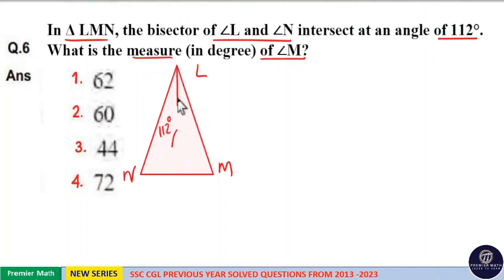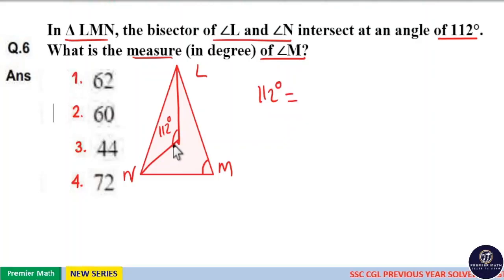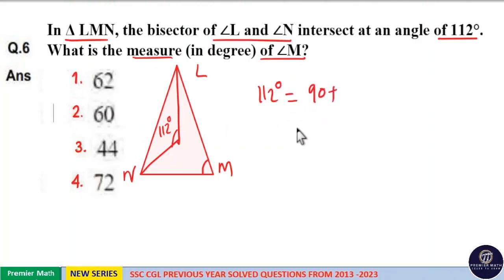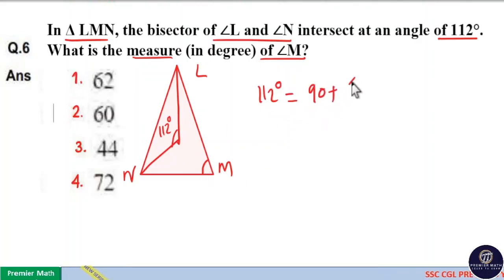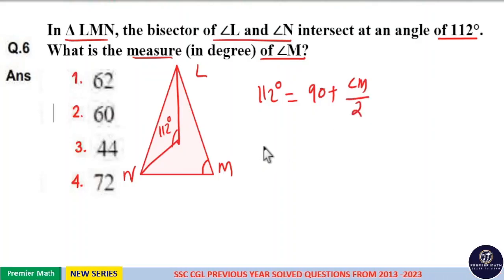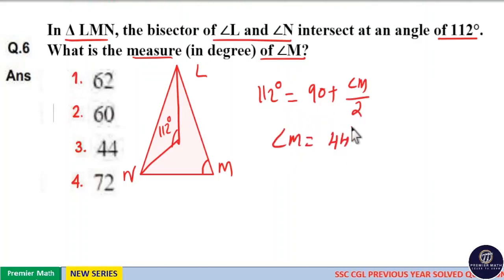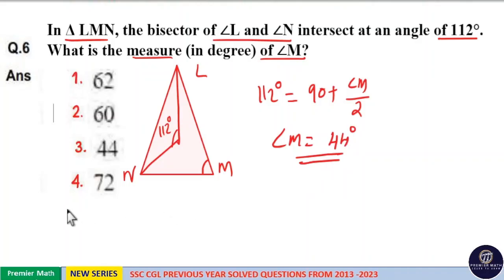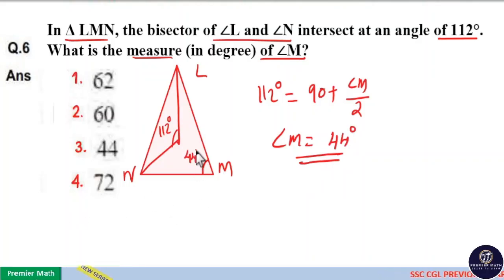This is L and N. Now we have to find M. Here, these two are bisectors, which means angle 112 degrees is equal to 90 plus half of this angle M, which means the difference between 112 and 90 is 22 degrees. Then angle M is equal to 2 into 22, 44 degrees. So this is 44 degrees. Now your answer is option 3.